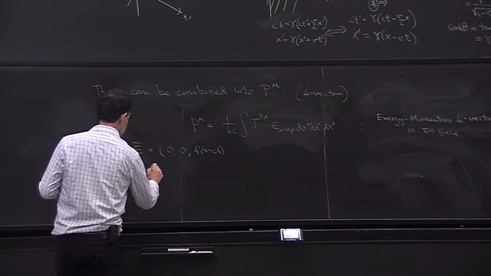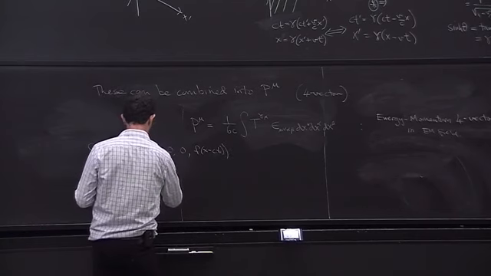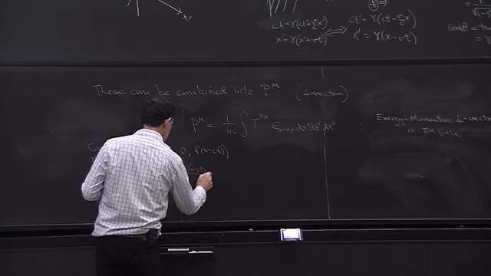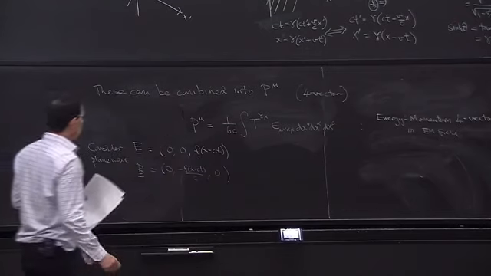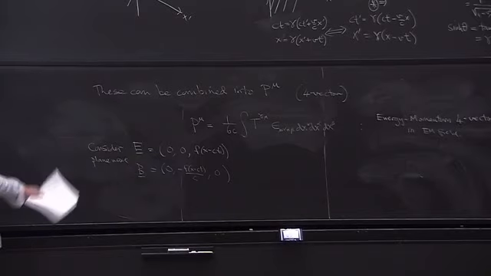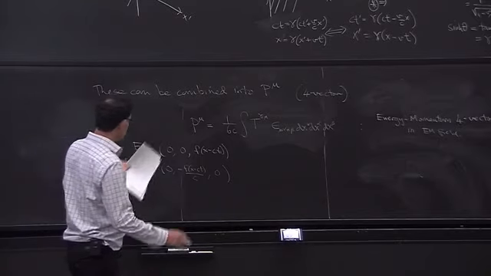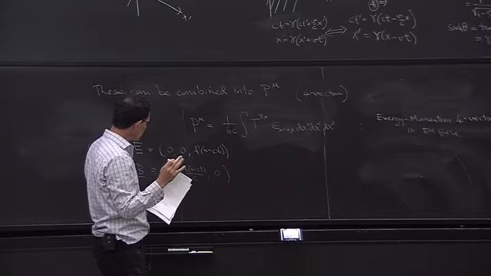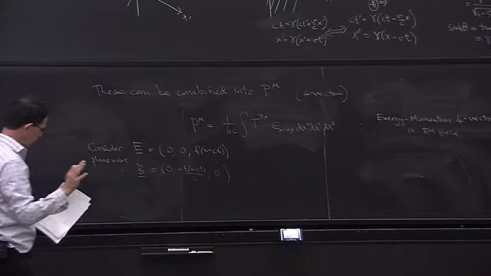And B equal to 0, minus f of x minus ct over c, 0. Okay, so we showed that this is a solution of the Maxwell's equations. It's a wave traveling in the x direction with the electric field in the z direction and the B field in the negative y direction.